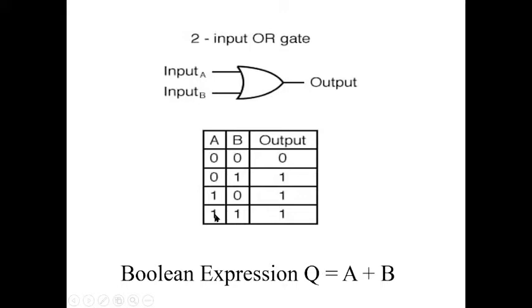When A is 1, B is 1, output is 1. So for the output of this gate to be high, any of the inputs must be high. If all the inputs are low, the output will be 0. The Boolean expression for that gate is the output Q equals the summation of the inputs, A plus B.